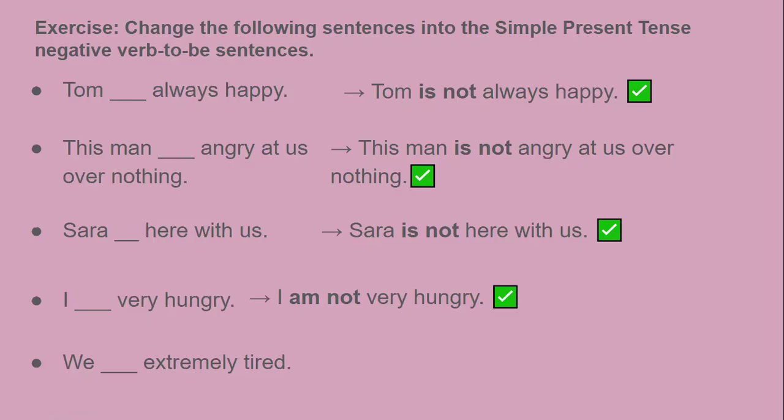But then since we are talking about negative sentences, we need to put not. So the correct sentence is, we are not extremely tired. We are not extremely tired is the correct sentence. Okay, let's keep it going.